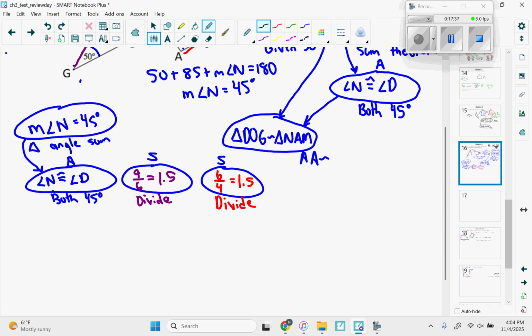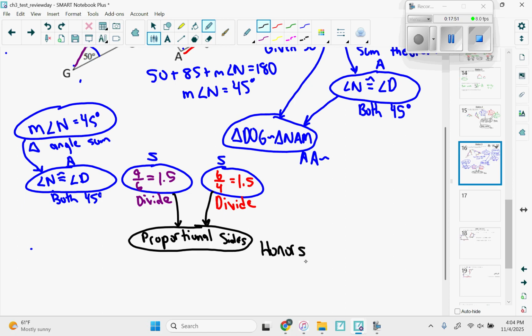And if you're in honors class, we have to show that the scale factors are the same to say that they have proportional sides. And they have proportional sides because of that same scale factor.